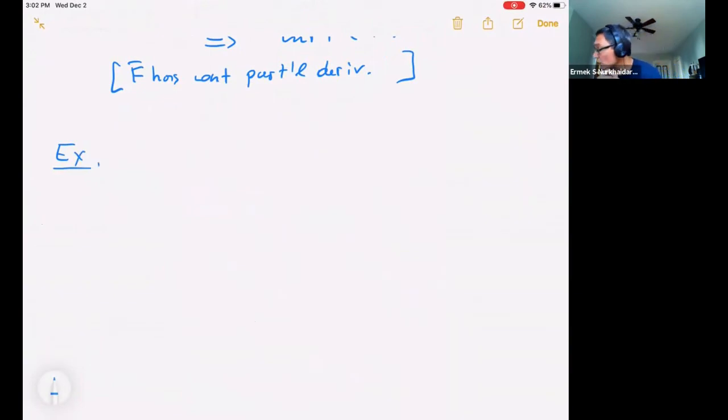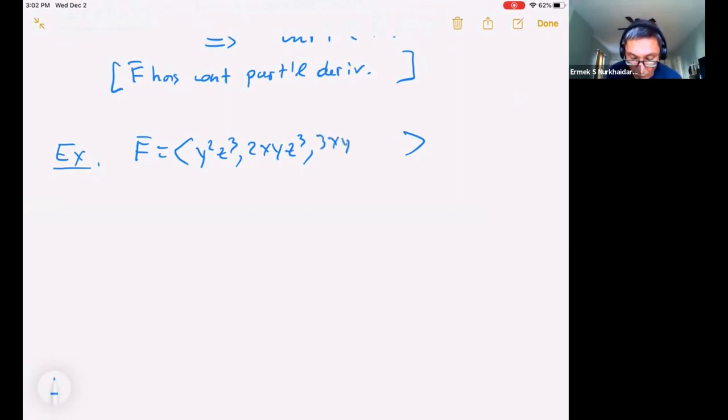Say we have F, which is, let's see, y squared z cubed, 2xyz cubed, and 3xy squared z squared.